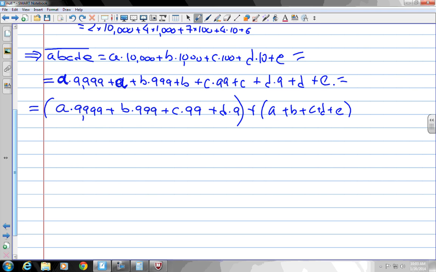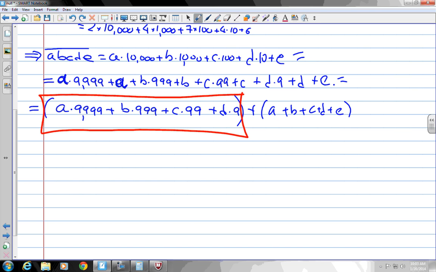Is that okay? Now look what we get. This part right here is divisible by 3 no matter what. Do you agree with that? Because each one of those, all those 9's, is divisible by 3.